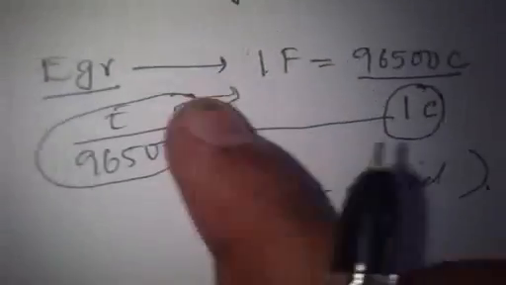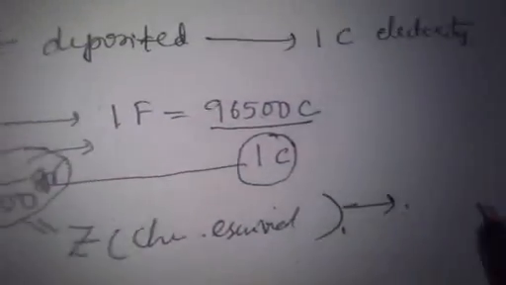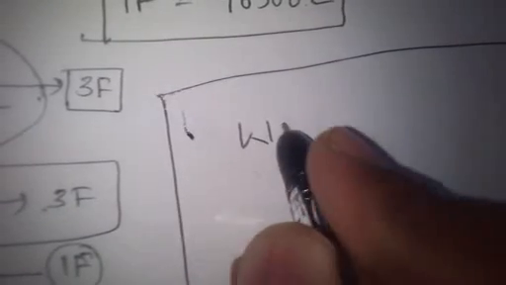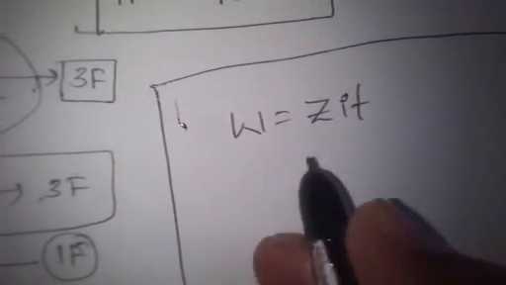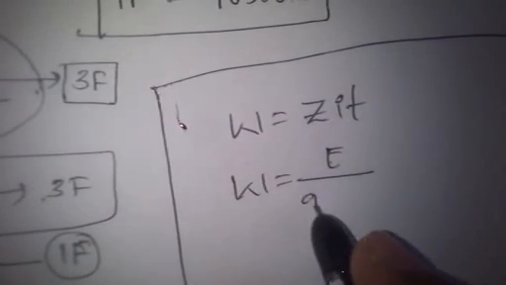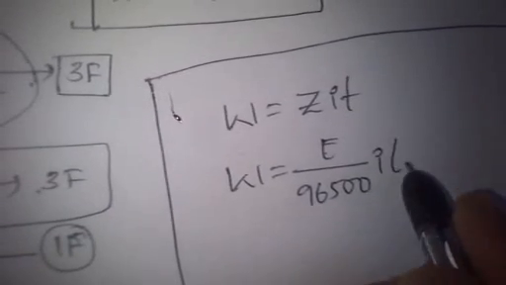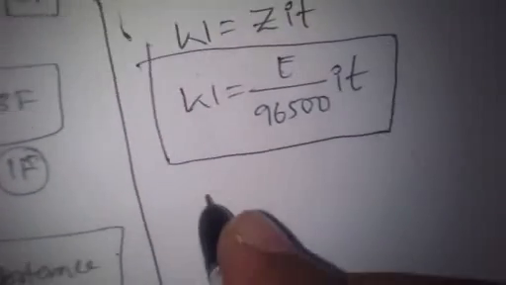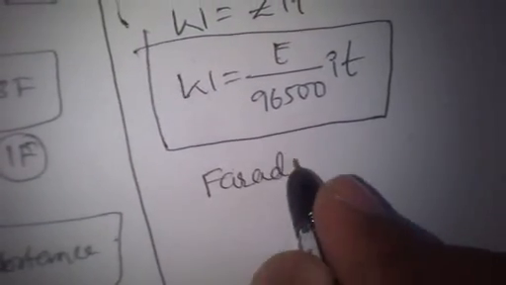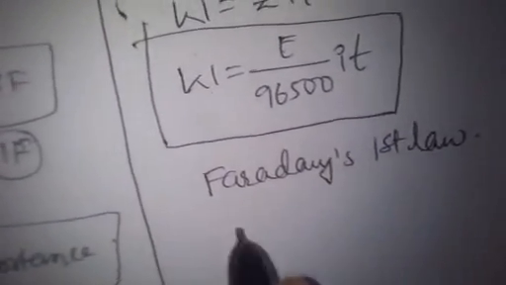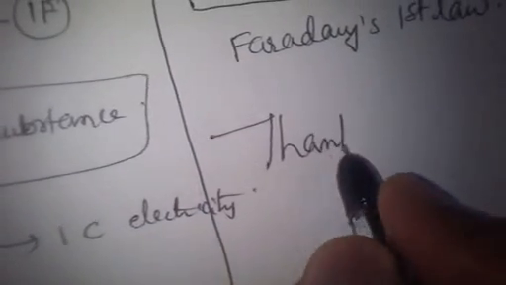If you substitute this Z value in the initial Faraday's equation, W is equal to Z into I into T, then W is equal to E by 96,500 into I into T. So this is the final equation for Faraday's first law. Thank you.